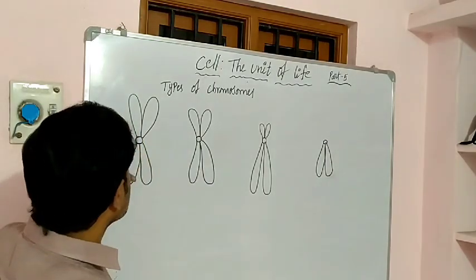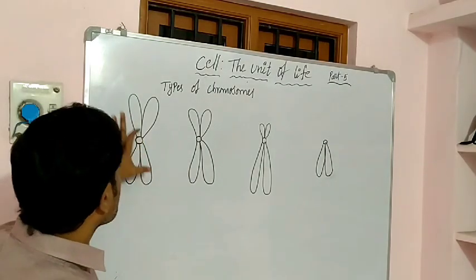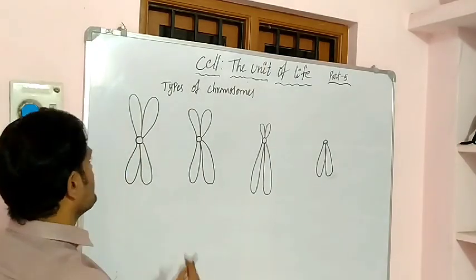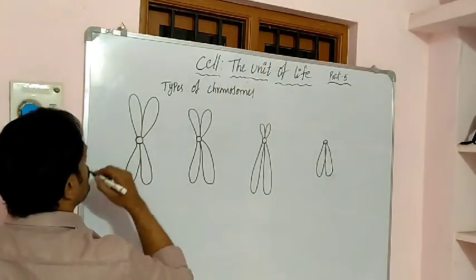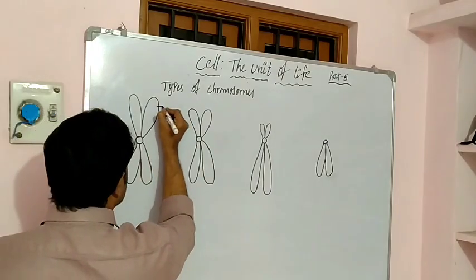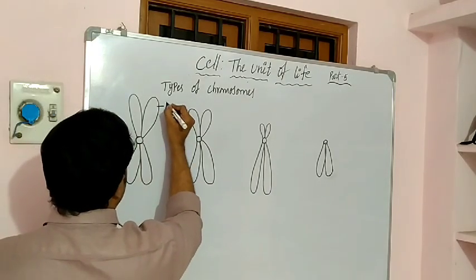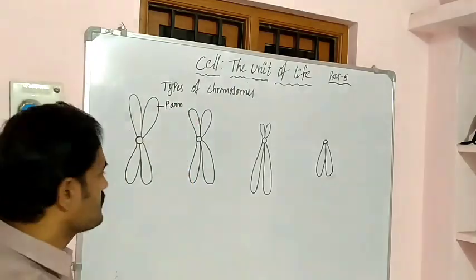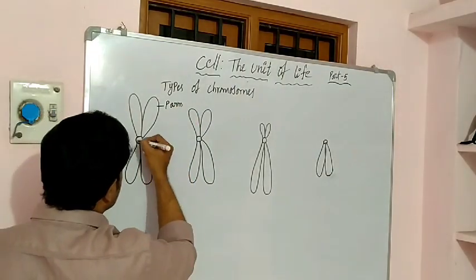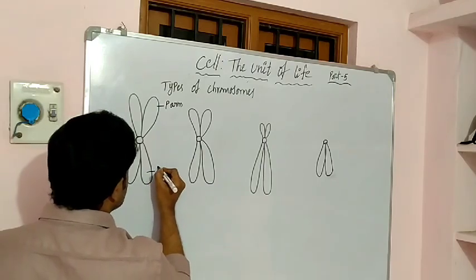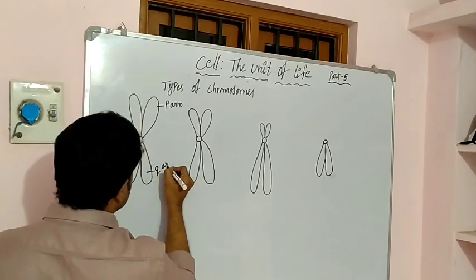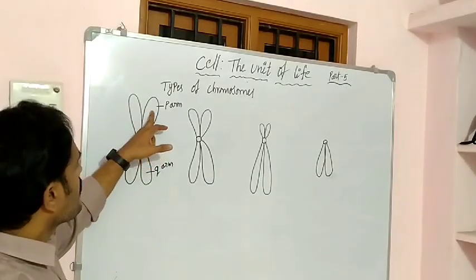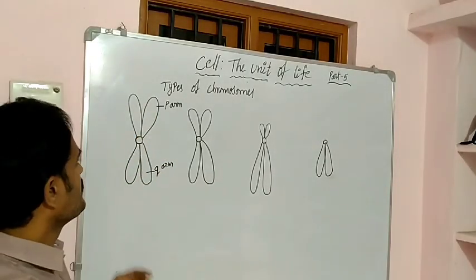First type of chromosome: commonly, the chromosome consists of some parts. Above the centromere, this part of the chromosome is called the P-arm. And the lower part of the centromere is called the Q-arm. In all chromosomes it is the same, a P-arm and a Q-arm.